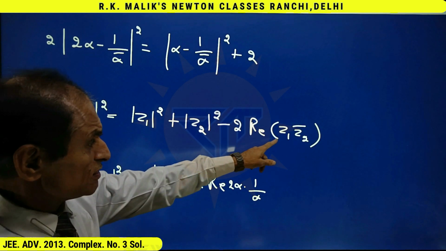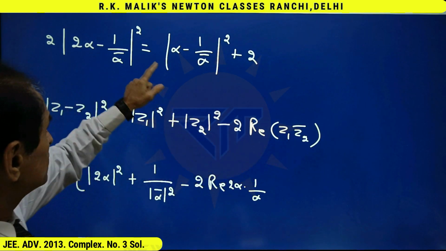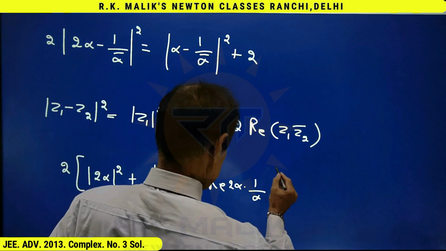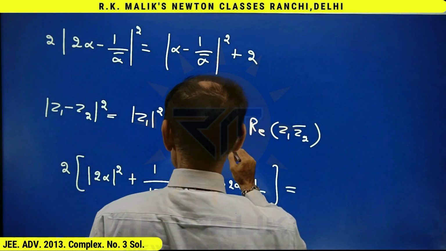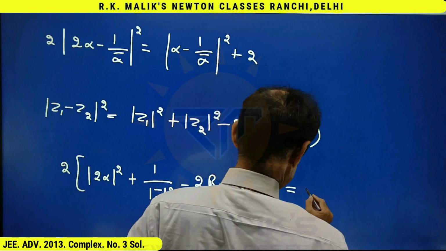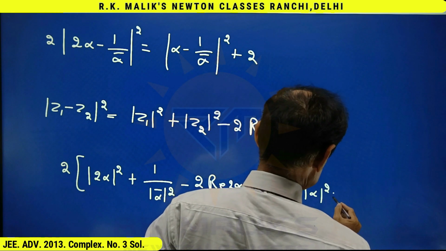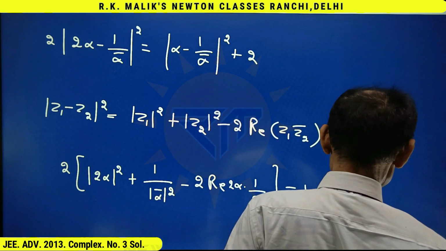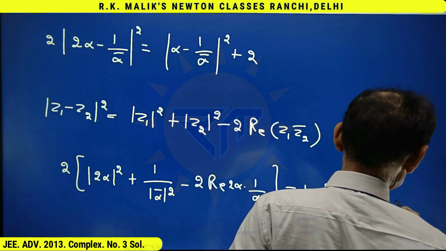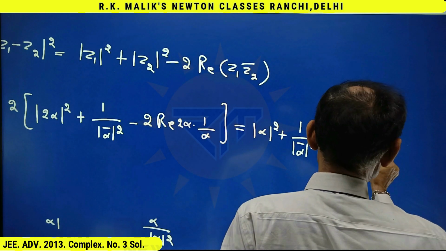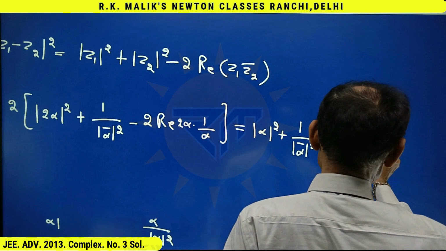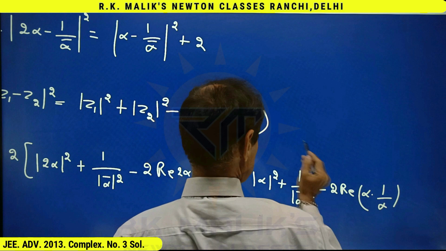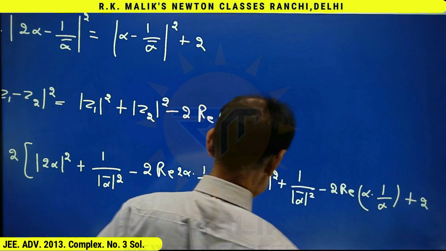Note that real part of z1 into z2 bar is there, z2 bar conjugate of this is 1 by alpha, equal to, similarly using this formula in this portion also, I get mod of alpha square plus 1 by mod of alpha bar square minus 2 times real part of alpha into 1 by alpha. Again, z2 bar is here and conjugate of this is 1 by alpha, plus 2.